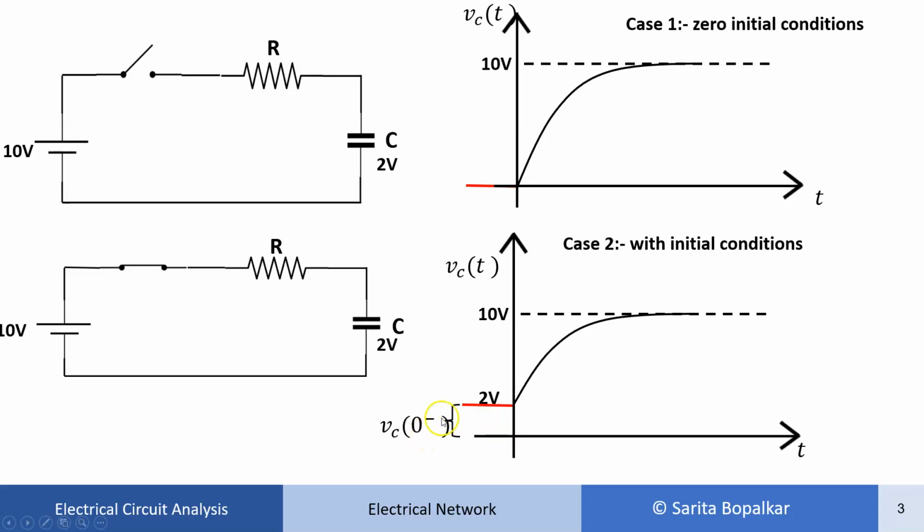So before that is 0 minus and immediately after that is 0 plus. So here V of 0 minus is 0, and here V of 0 minus is 2 volt. Same you can correlate for the inductor. The current through the inductor cannot change instantaneously. It will change gradually from one state to another.